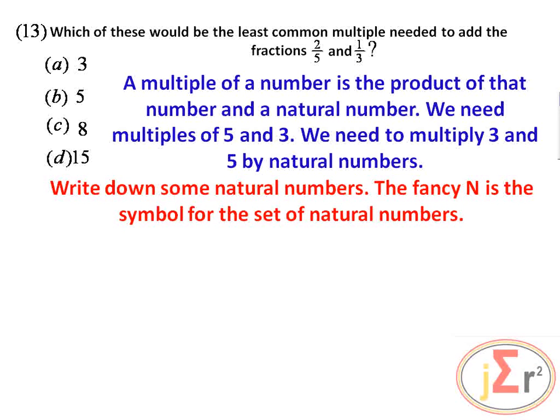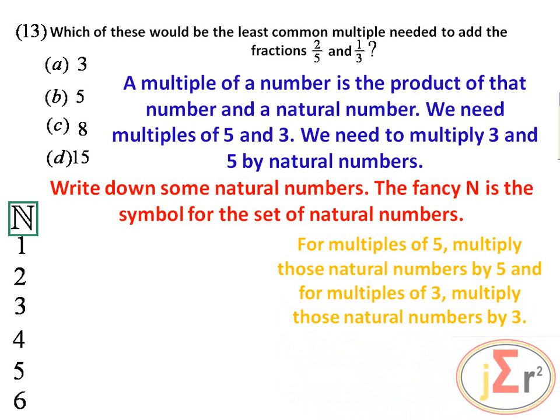Write down some natural numbers. The fancy N is the symbol for the set of natural numbers. So the natural numbers or counting numbers are numbers like 1, 2, 3, 4, 5, 6, 105, 7,256. Those are all natural numbers.